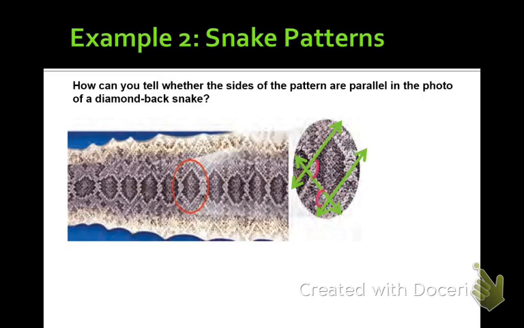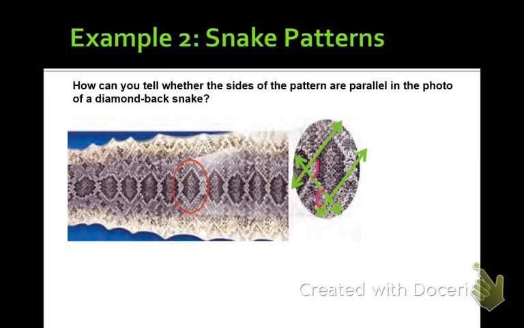Anybody that's a huge snake fan or biology fan, maybe there's some particular reason why. But anyway, if we wanted to know whether the sides of these patterns are parallel or not, well, we can make lines out of those sides, and then draw a transversal through it.